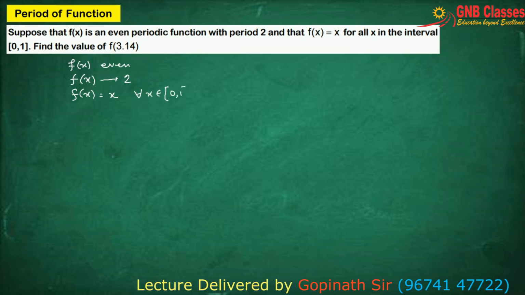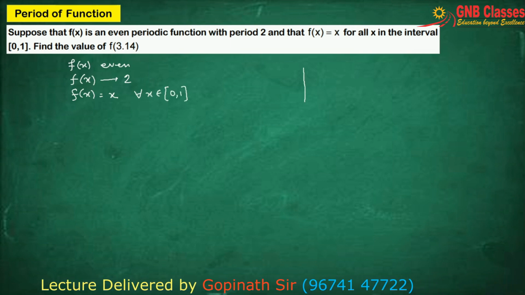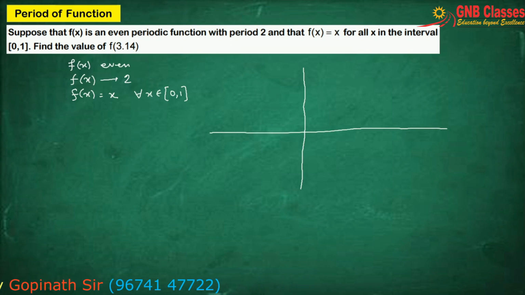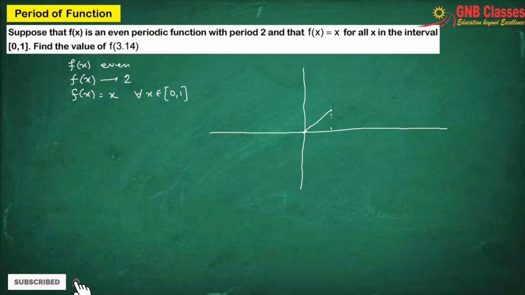So let me just draw the diagram. f(x) equals x, it is this graph. It is a straight line passing through the origin. This is 1, right?